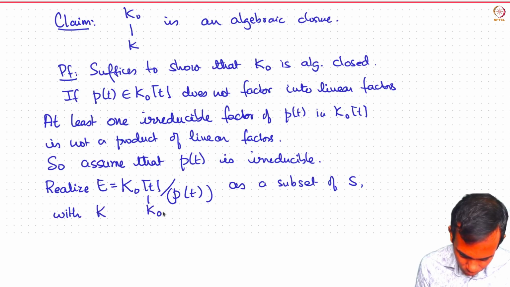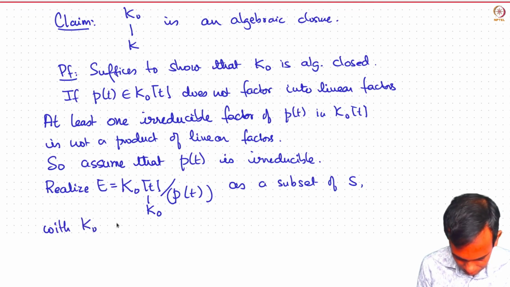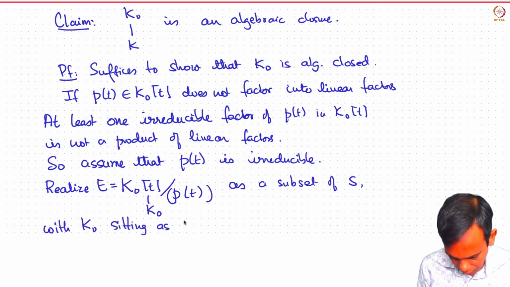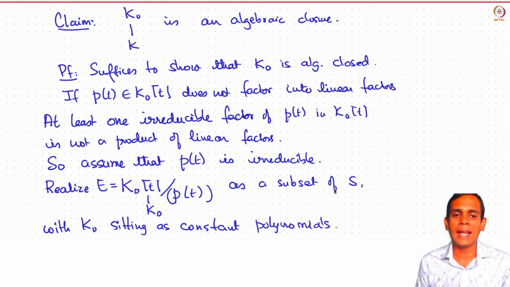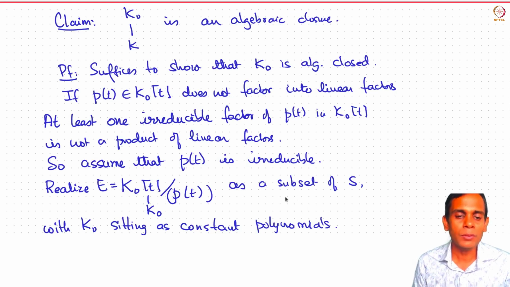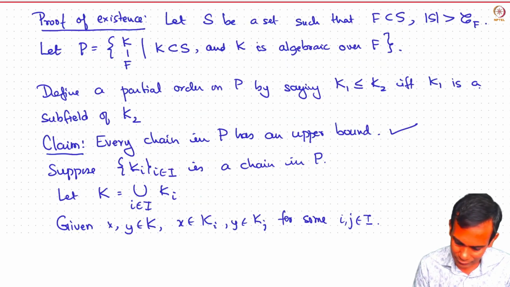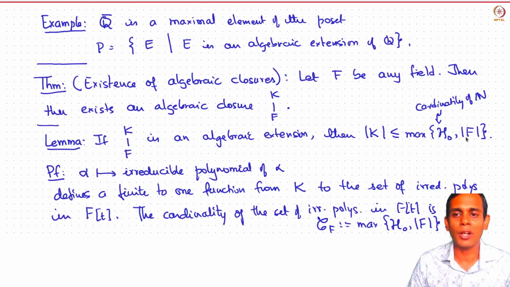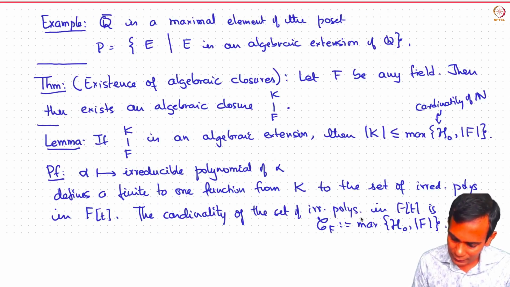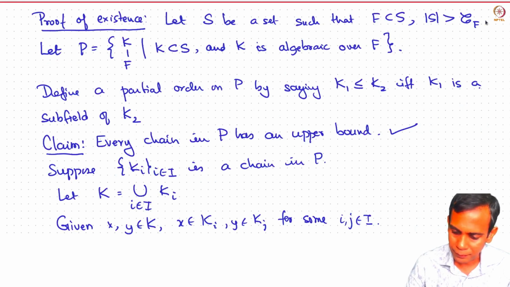We already have K0 is a subset of S. The reason we can do this is that S has a larger cardinality than K0, because the cardinality of K0 is the cardinality that we've written down here, the maximum of Aleph naught and the cardinality of F. But S has cardinality strictly larger than that cardinality.